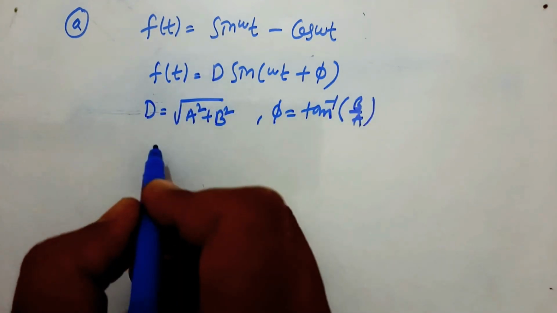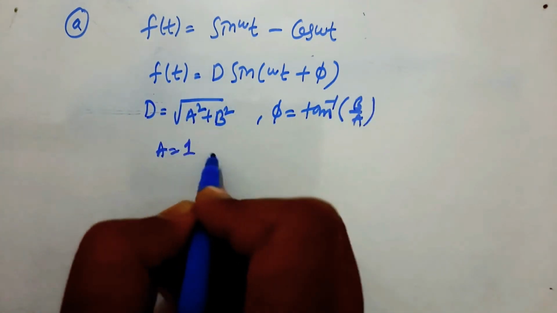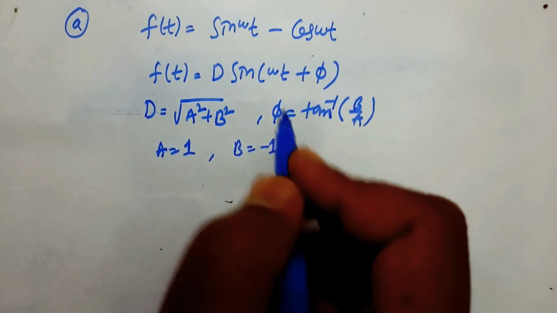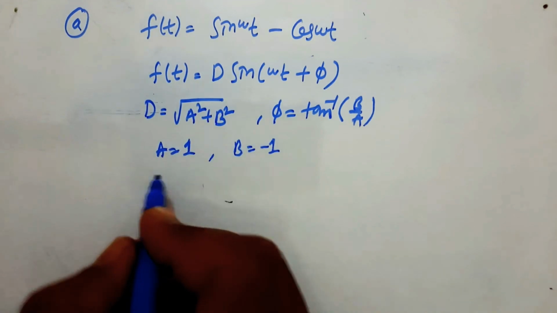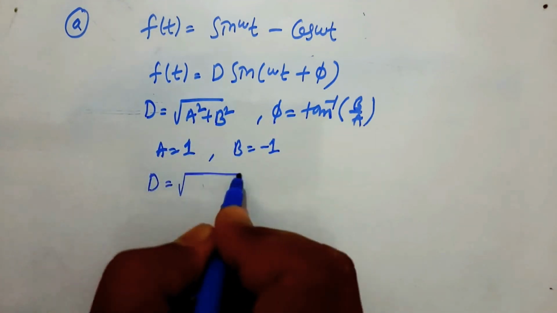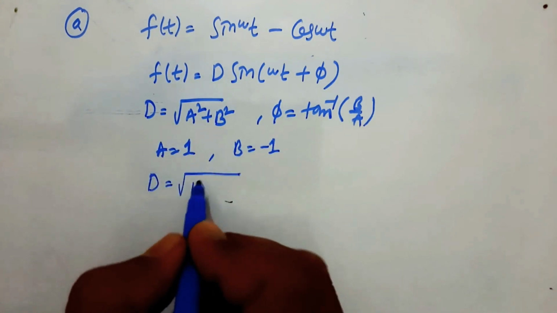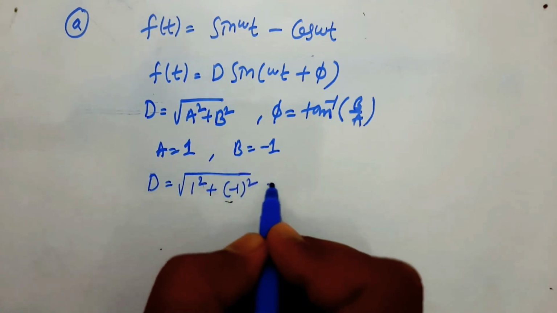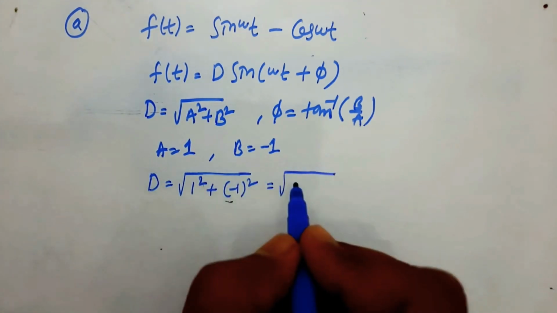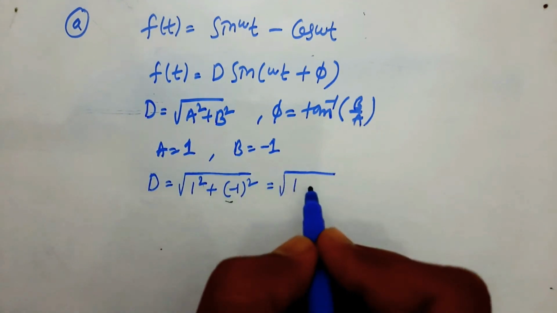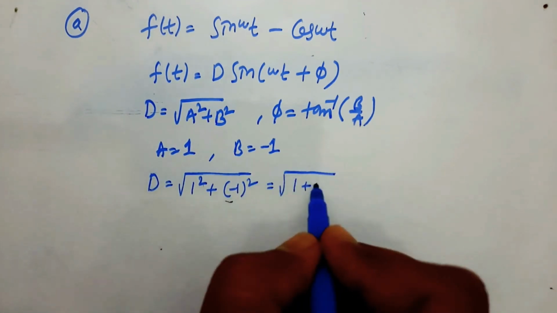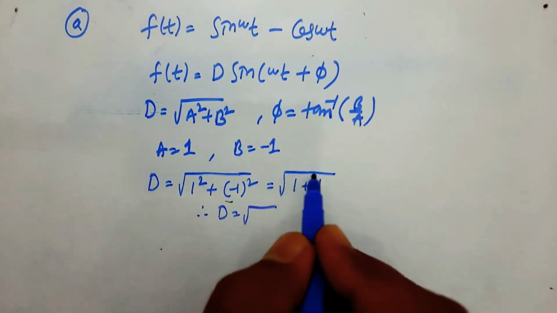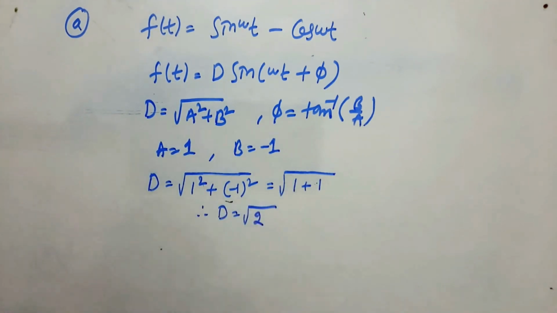Here a is equal to 1 and b is equal to minus 1. So we have to find the d value. d is equal to the square root of 1 square plus minus 1 square, that is the square root of 1 plus 1, that is root 2.